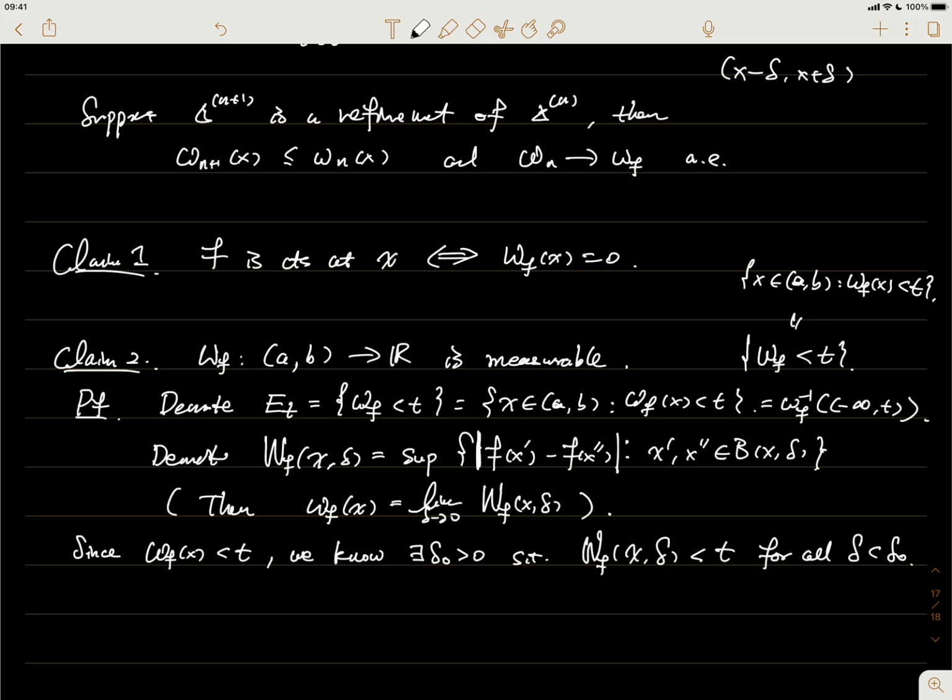The reason is that the limit of this as delta goes to 0 is equal to Wf. So that means that for delta sufficiently small, I should have this less than t.